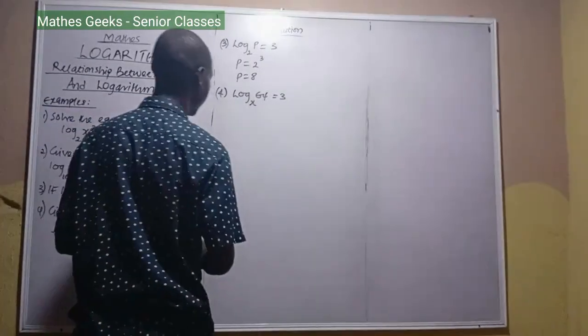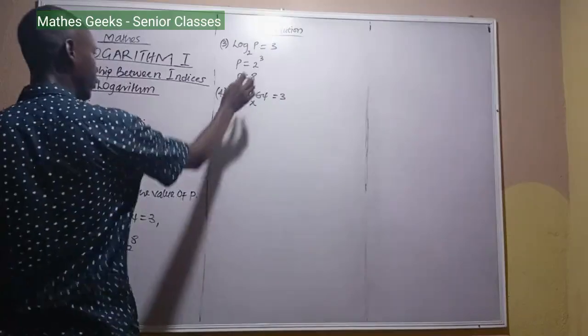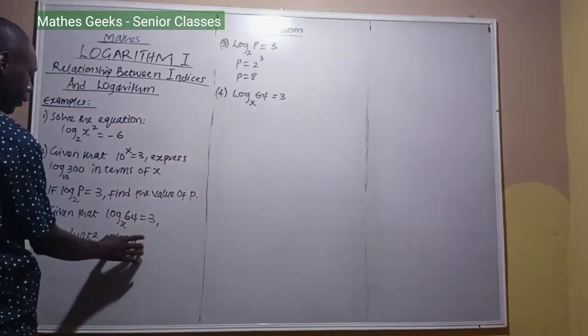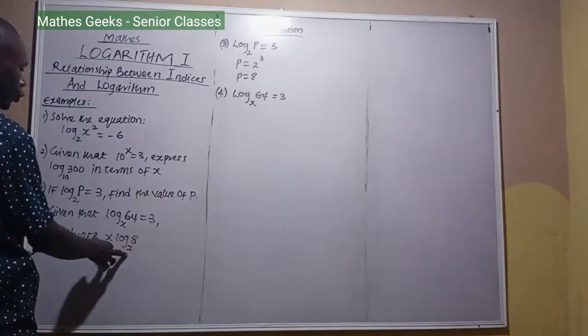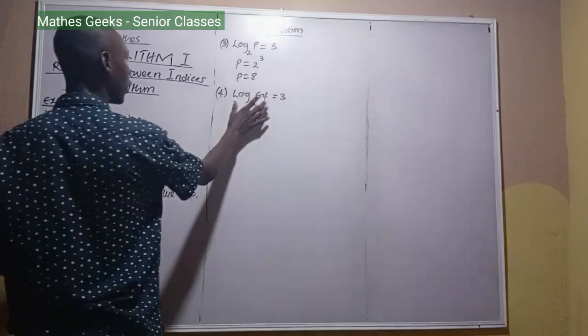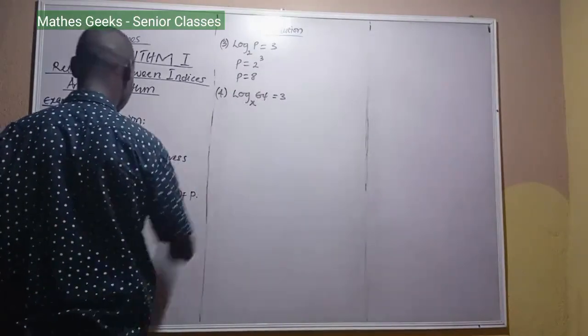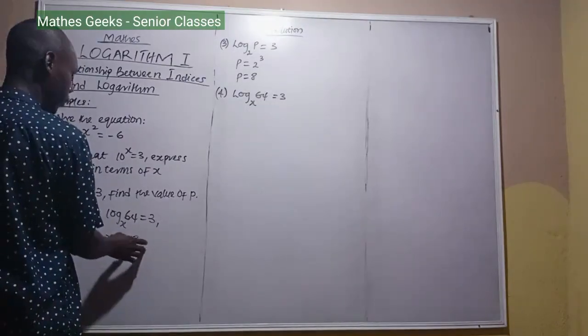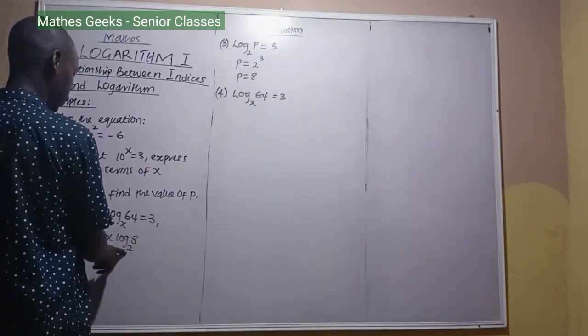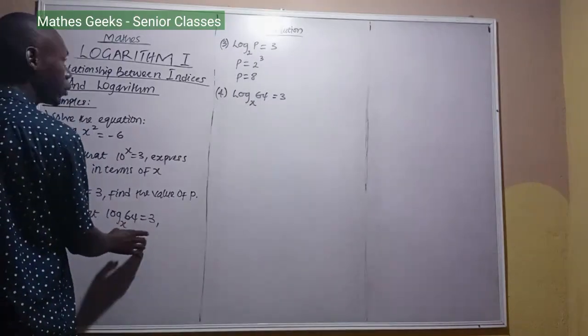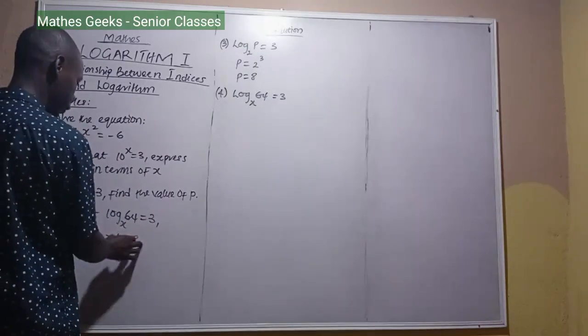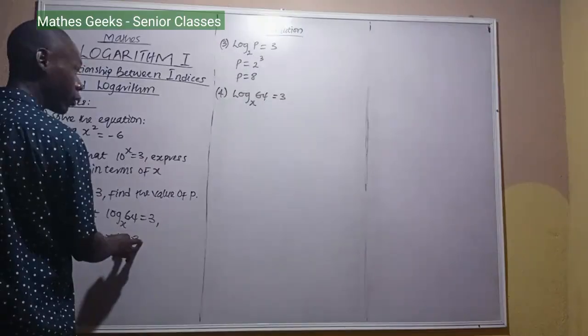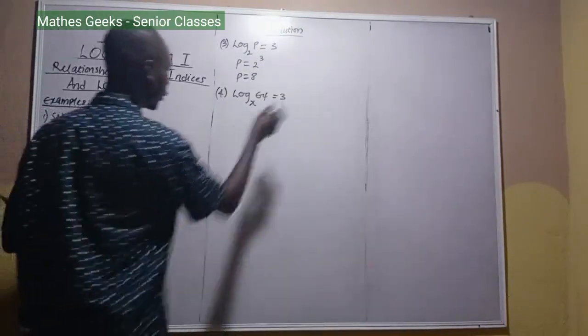So because we are going to essentially evaluate log 8 to the base 2, our working here would look like what we have here. Our base here would be 2, and 8 is the number whose logarithm we take. So okay, let's work.